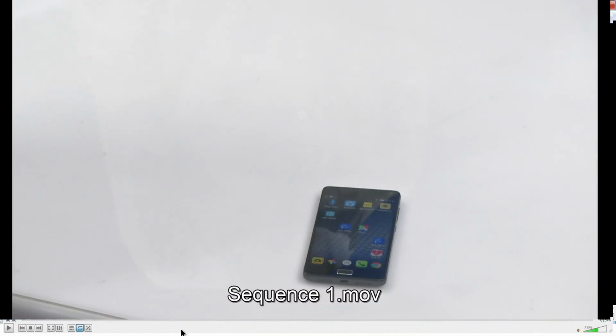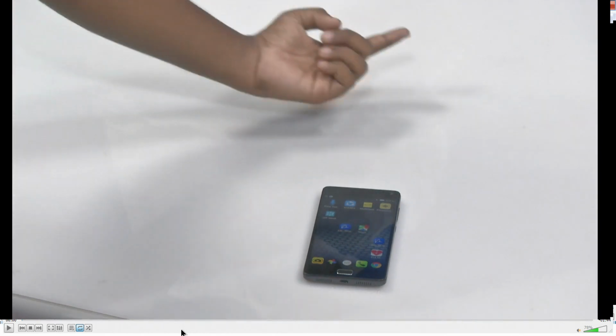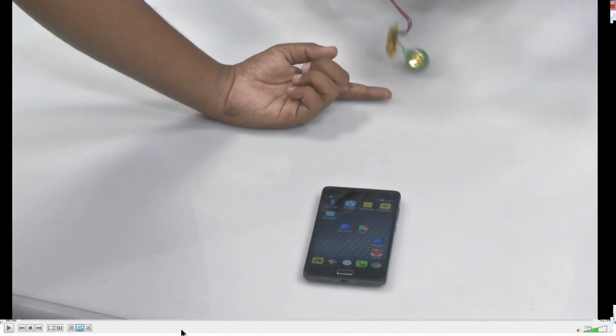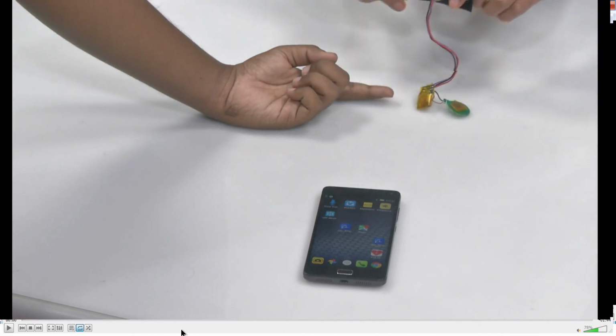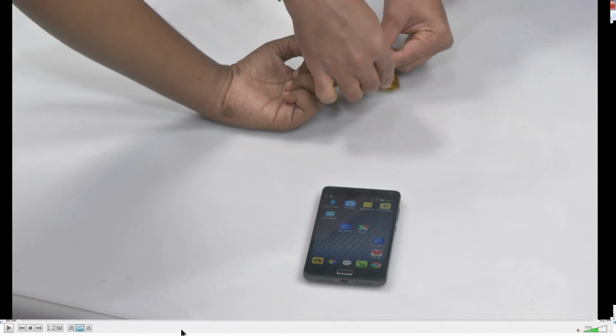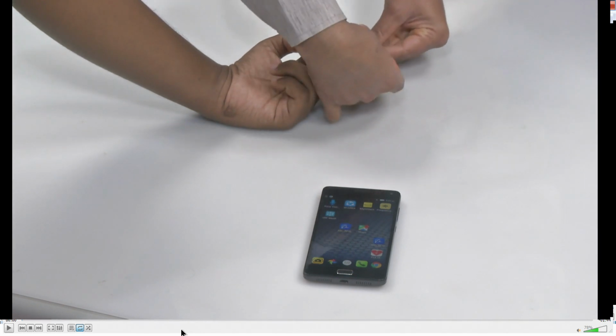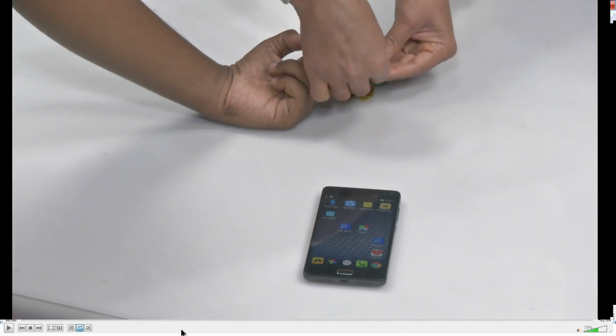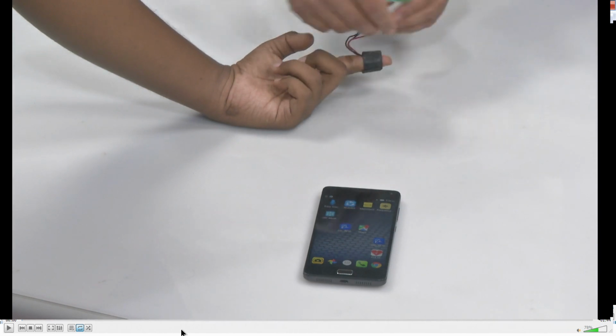Alright, here is a mobile phone which is NFC enabled. Here is the finger of Vasant, and there is Abhishek, who is placing the pulse sensor on top of it, and they are strapping it nicely using the velcro.